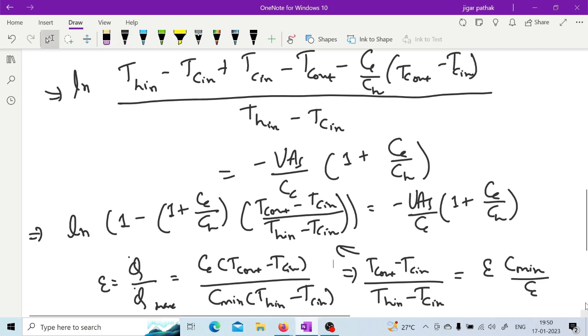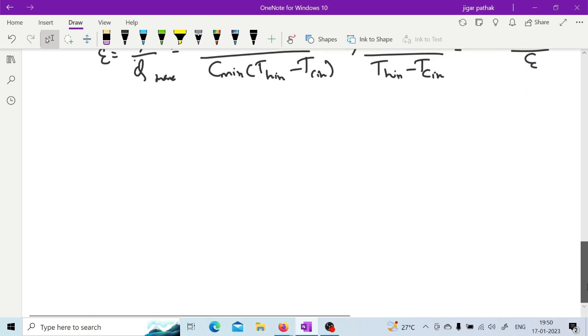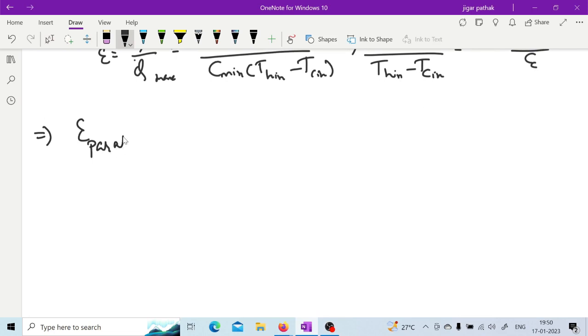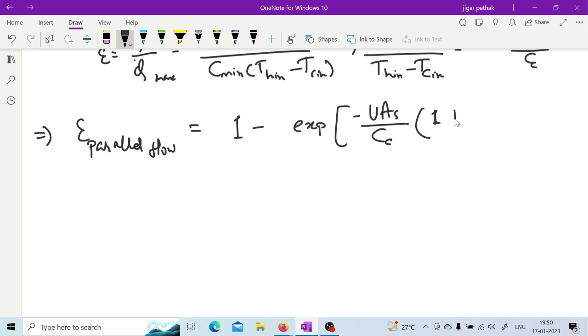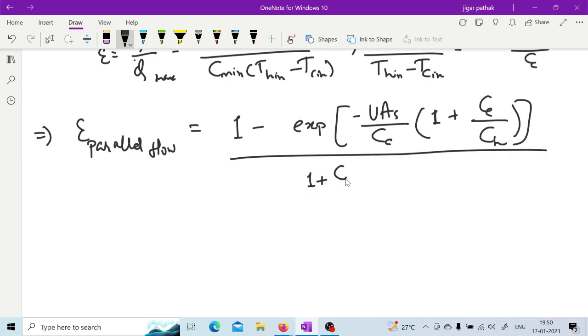So when you do that, you will be able to write your effectiveness in parallel flow as 1 minus exponential of minus UAS upon CC (1 plus CC by CH), divided by 1 plus CC by CH, times C min by CC.